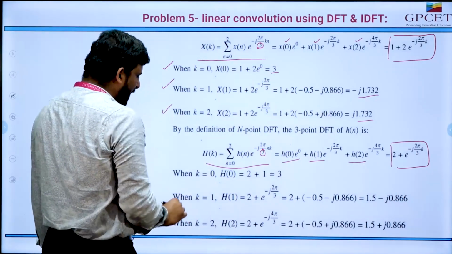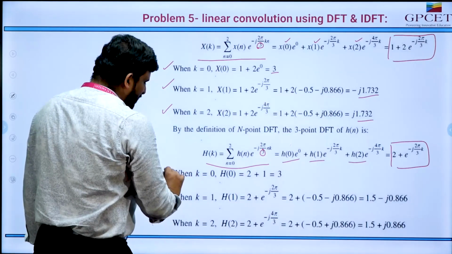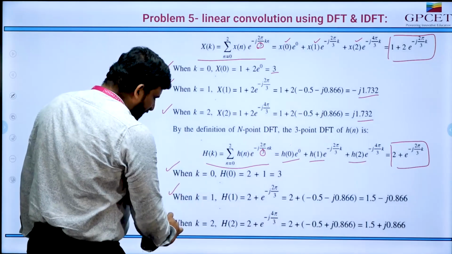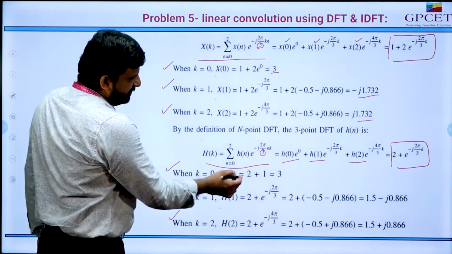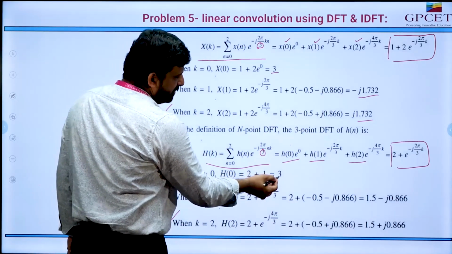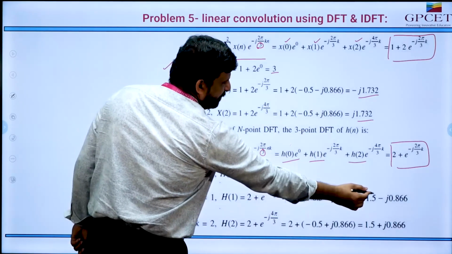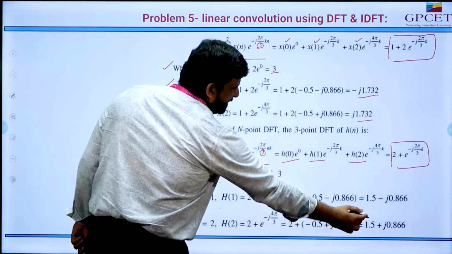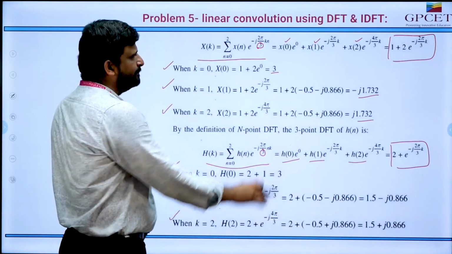Same pattern: I substitute the 3 values for k is equal to 0, k is equal to 1, and k is equal to 2 in h of k. I got 3 values: 3, 1.5 minus j 0.866, and for k is equal to 2, 1.5 plus j 0.866.